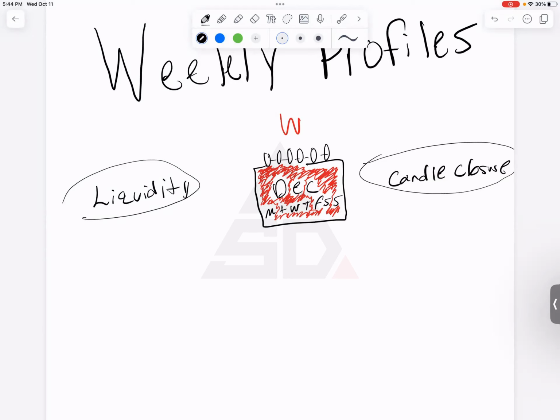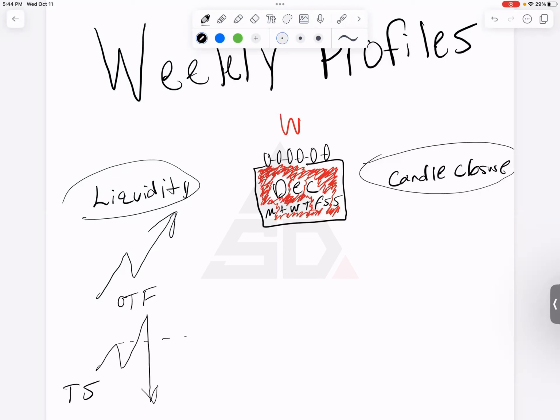The two forms of liquidity we're going to focus on are optimal trade entry, OTE, and turtle soup, or you can say liquidity hunt, whichever floats your boat. These are the only two types of liquidity we're going to focus on going through all these profiles.